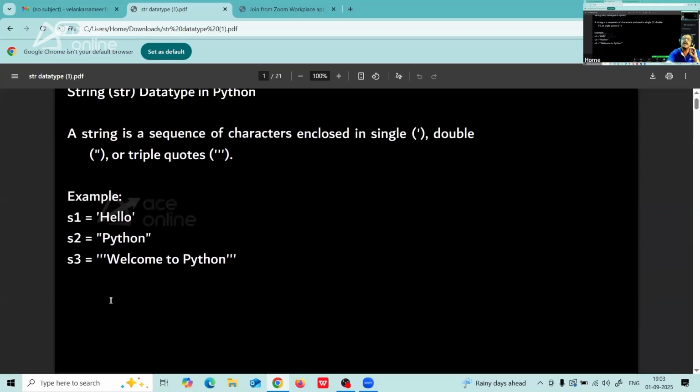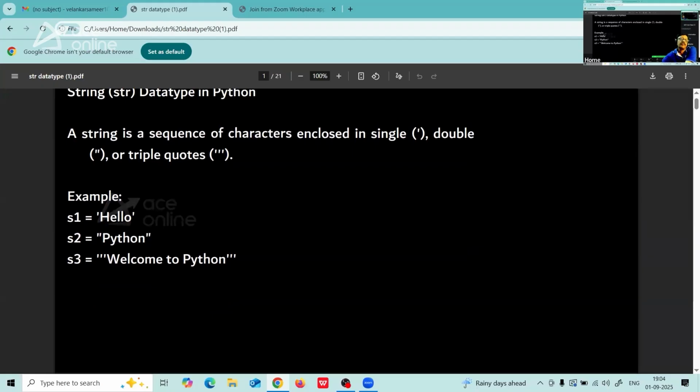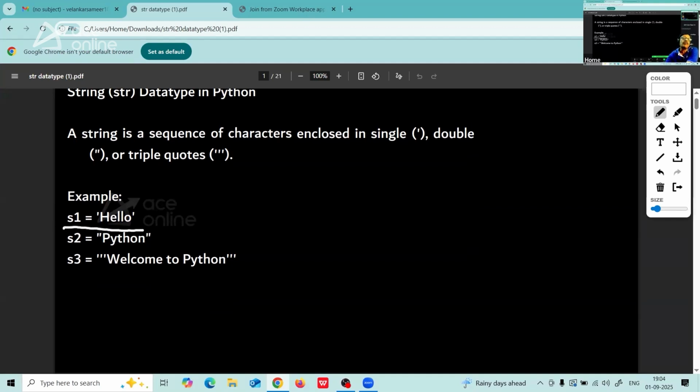But most importantly, we saw from the engineer's point of view, what is the internal representation of the string. You recall that? We saw how does the string look like internally. For example, if you take this statement S1 equal to hello, then S1 is a reference. You recall that?